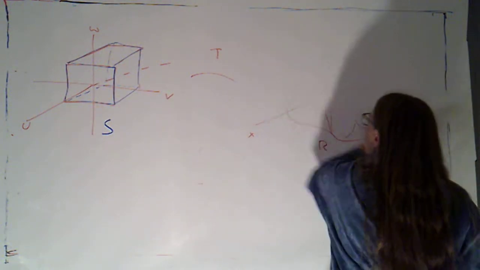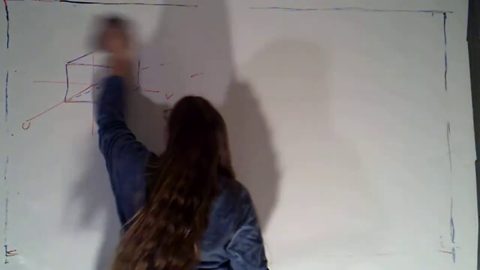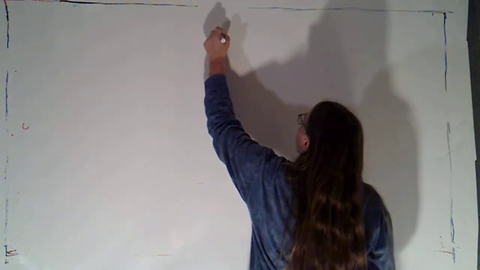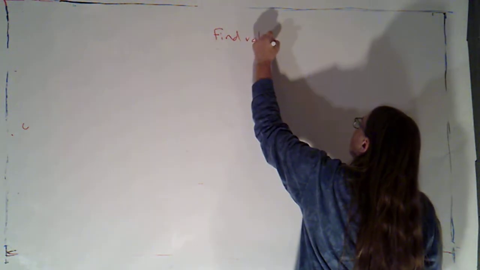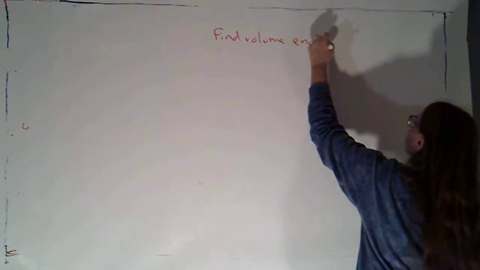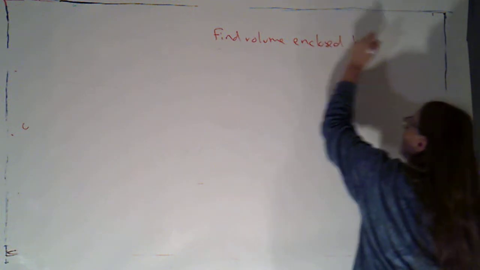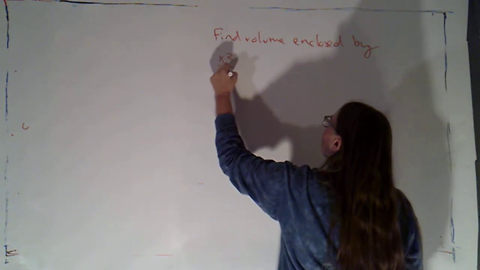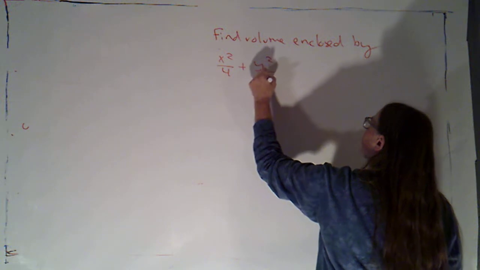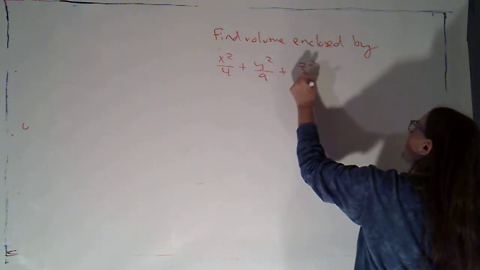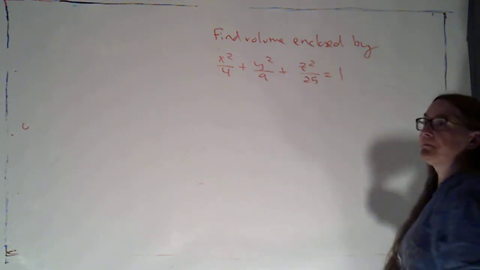Let's just do one quick example in 3-space. What I want to do is find the volume enclosed by x squared over 4 plus y squared over 9 plus z squared over 25 equals 1.